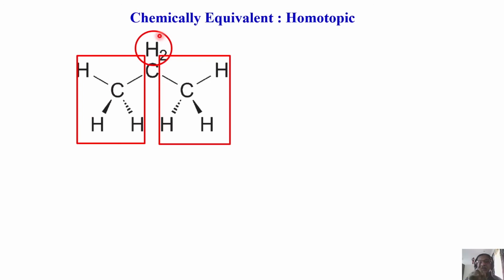This CH2 will give a single peak. What about the carbons? Exactly the same. This carbon is chemically equivalent to this carbon, and both these carbons are inequivalent with this carbon. So again, there are 2 types of carbons. You get 2 signals in the carbon 13 NMR.